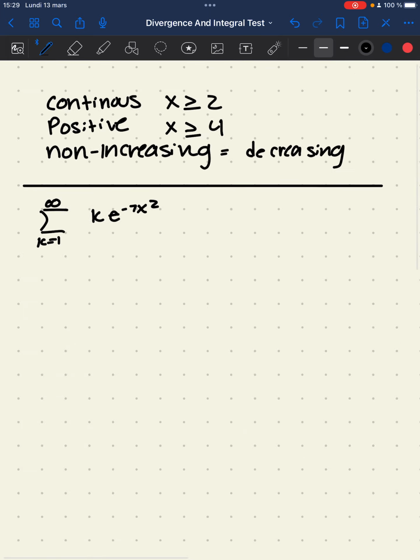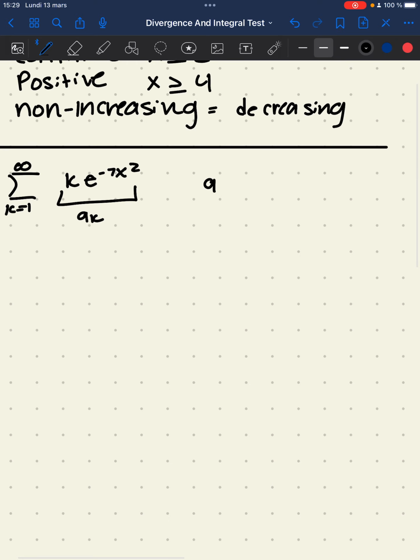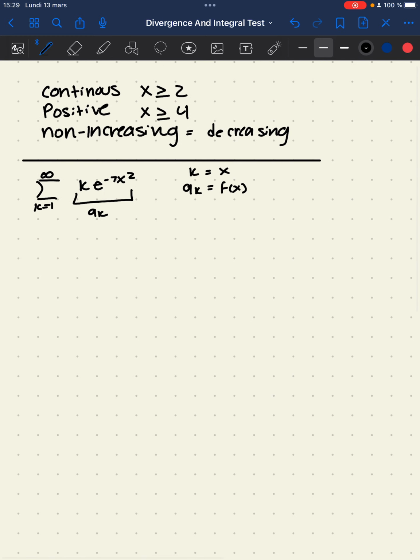But first, we have to make a function that mimics this series, which we can call a sub k. We can say that it mimics a function f of x. We can also say that x is a variable that mimics k, that way we can use x intervals, and then we can use integrals later on.